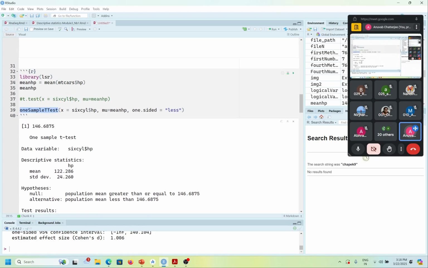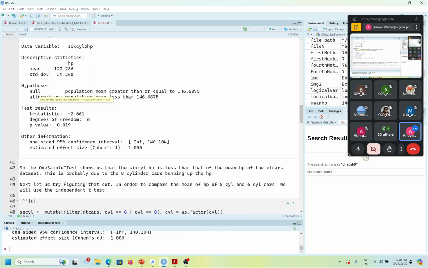There is also something called a two sample t-test, that is the t-test that we ran before, in which you figured out if your group mean is different than your population mean. That is the only thing that you will be figuring out with it. But using the one sample t-test, you will be able to figure out if it is less than or more than the population mean. So if they are different, you use the t-test. If you actually care if they are less or more, then you use the one sample t-test.